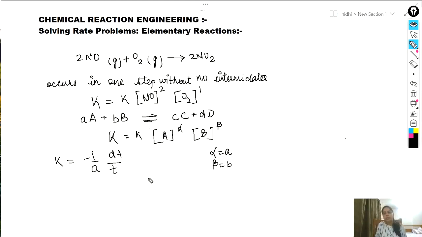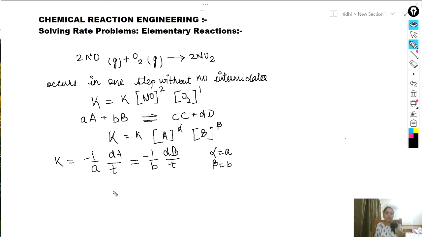Here small a is the stoichiometry, and because it's elementary, the stoichiometry is also the order. That is equal to negative 1 over b times the change in concentration of B over time.